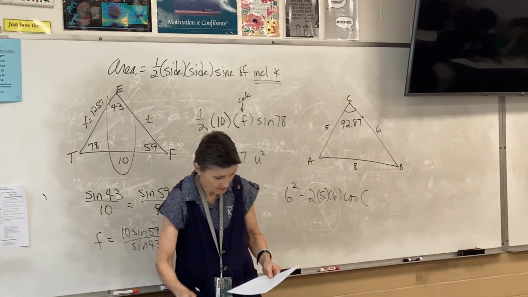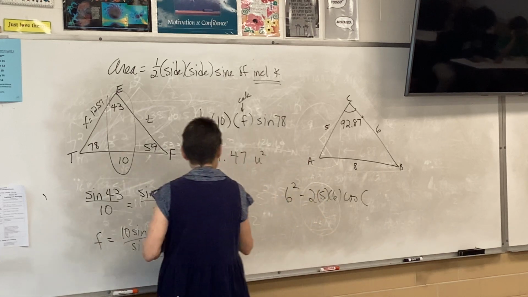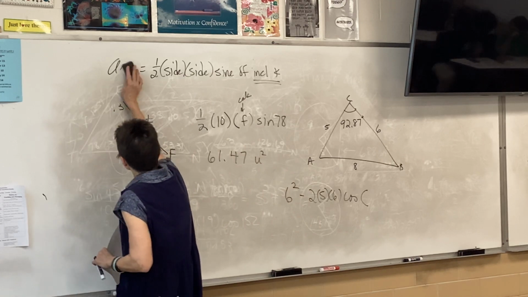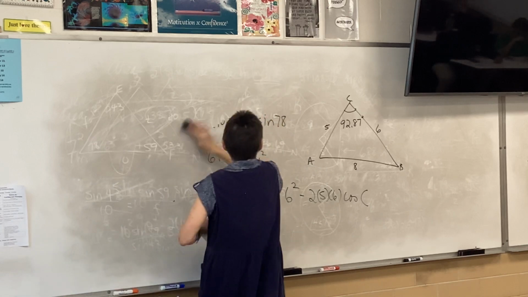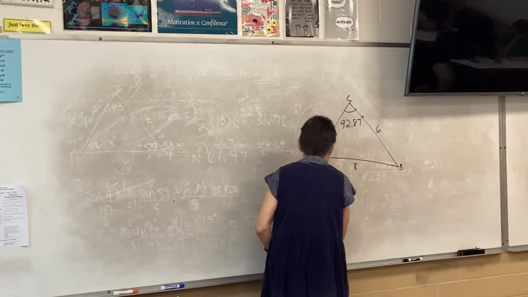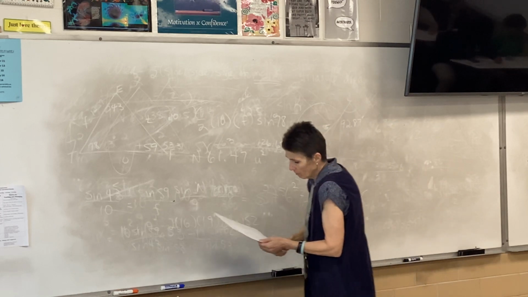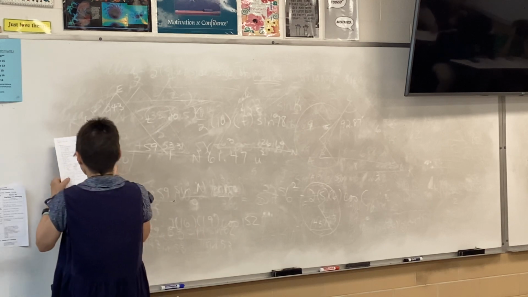First question is 3F, which is a verification problem. So we know what that means. That means we have to change one side into the other. So here we go, 3F.